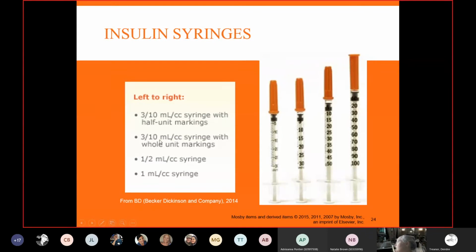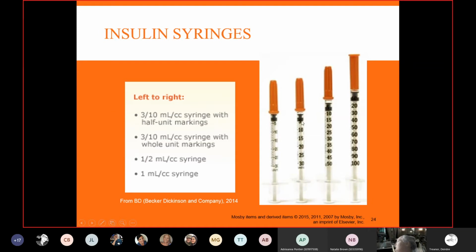So here you go. On the left to right, this is a 3 unit per 10, in 10 ml, so 30 units. Syringe with half unit markings. So 5, 6, 7, 8, 9, 10. 11, 12, 13, 14, 15.